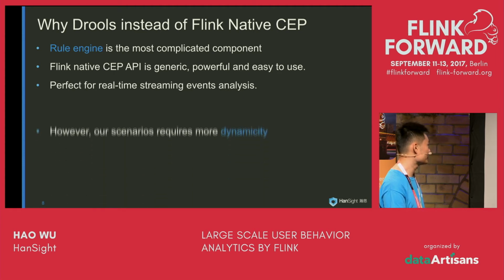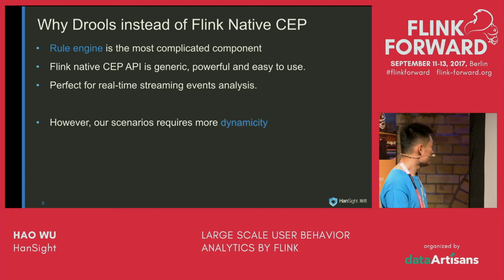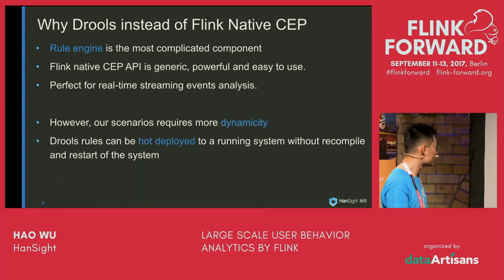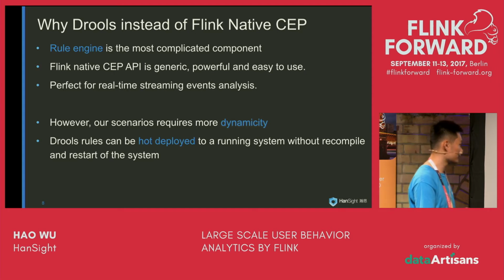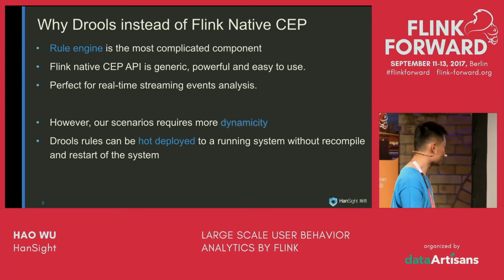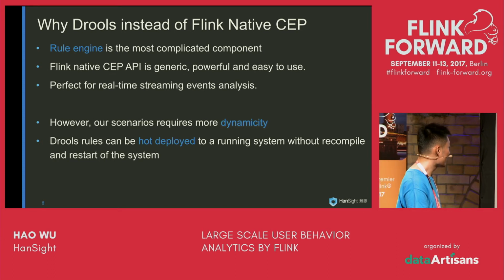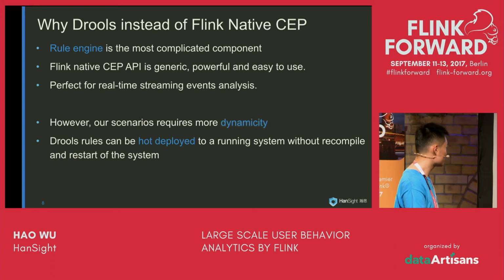But it has its own disadvantages because our scenario requires more dynamicity. With Flink CEP, you write this code and you cannot change it unless you change the rule, recompile it, and put it into Flink. But with Drools rules, it can be hot deployed. How we do it, we'll get to later. So that's why we first chose Drools.